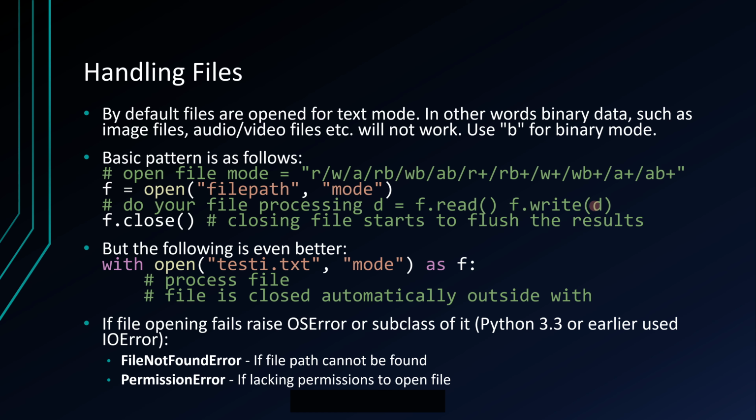Many other programming languages in general also don't actually write when you said write. They wait until there is enough data in the RAM buffer, and then it flushes the changes. To make sure that you flush all the changes, you should remember to close the file, because the moment you close the file, it flushes all the changes it hasn't yet done so.